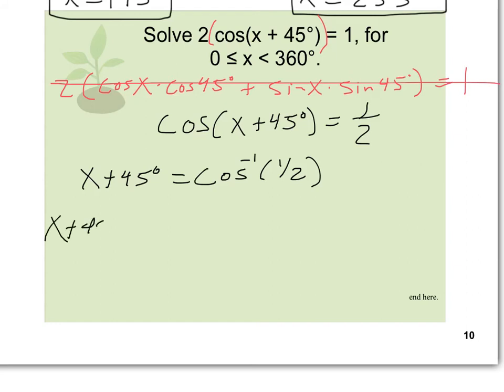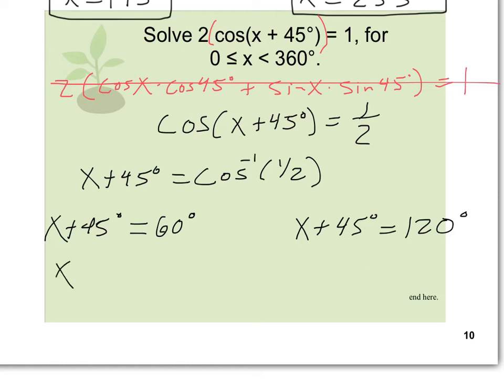This is also dealing with key points on the unit circle. Inverse cosine of 1/2, if I'm dealing with degrees, would be 60. And 120.